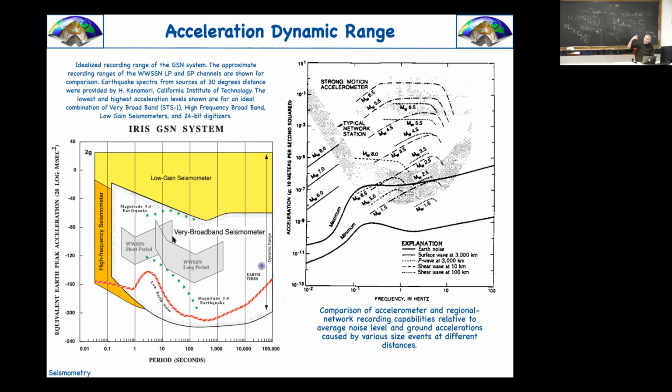Because if we are 100 kilometers from a large earthquake, or 10 meters from a small one, maybe we can get the same amplitude, maybe with a different frequency content. But how to scale this? And this was one of the problems that Richter, as I was telling you, was facing.